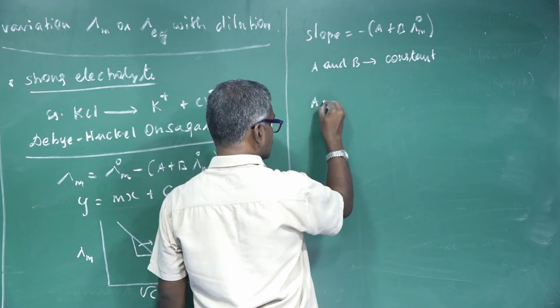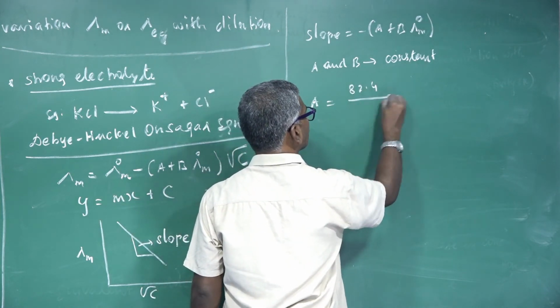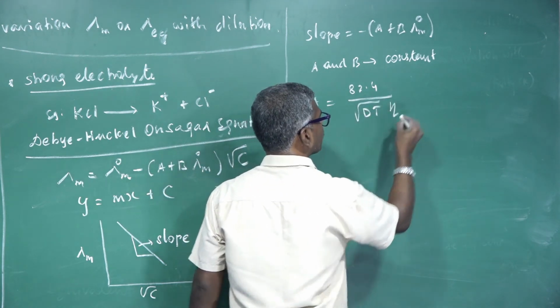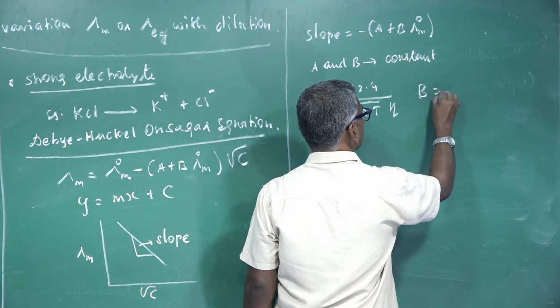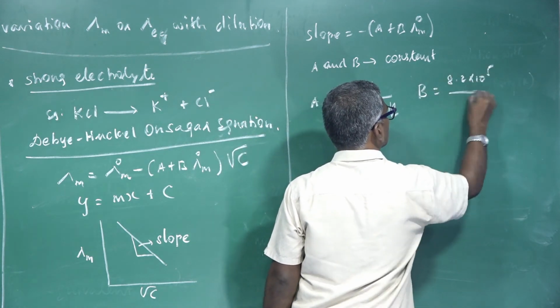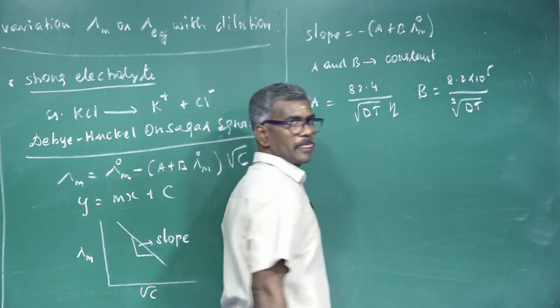A is equal to 82.4 divided by square root of DT eta. B is 8.2 times 10 power 5 divided by root of DT cubed.